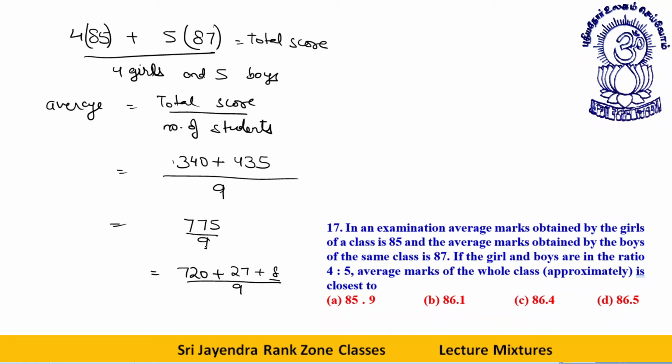This is 720 plus 55. 55 I will write as 54 plus 1. 720 divided by 9, 80. 54 divided by 9, 6. 1 by 9. So this will be 86.1 approximately, or 86.111. This is your answer, my dear students.